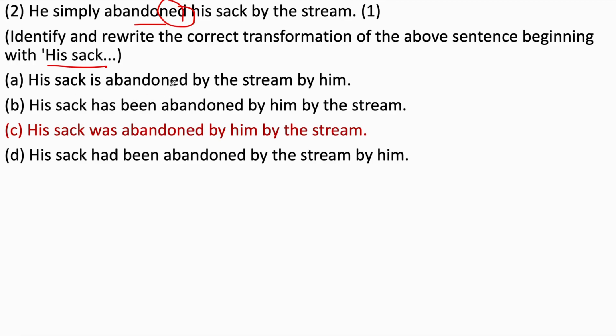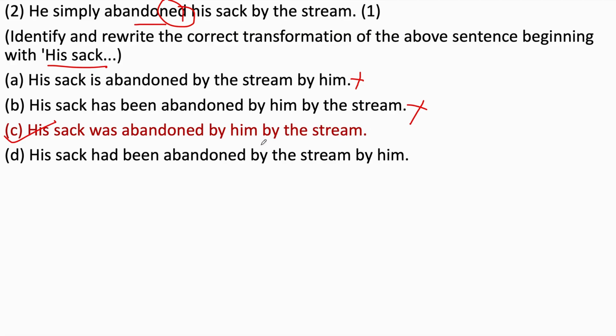His sack is abandoned by him by the stream is incorrect. We need to transform from active to passive. His sack has been abandoned by him by the stream, incorrect. His sack was abandoned by him by the stream is the correct answer. Why?